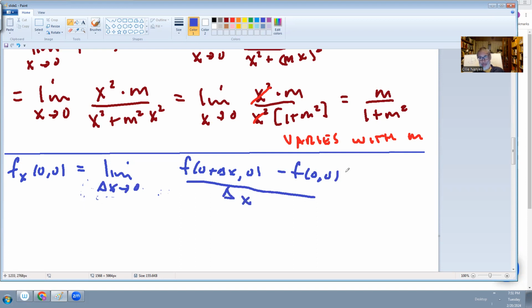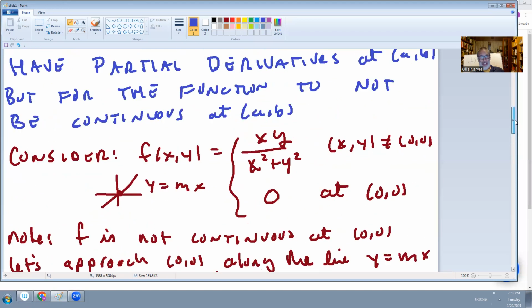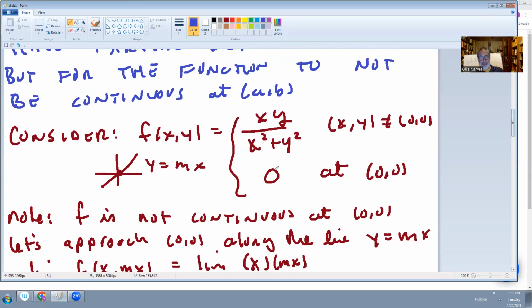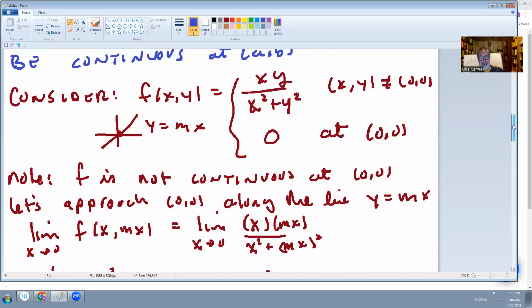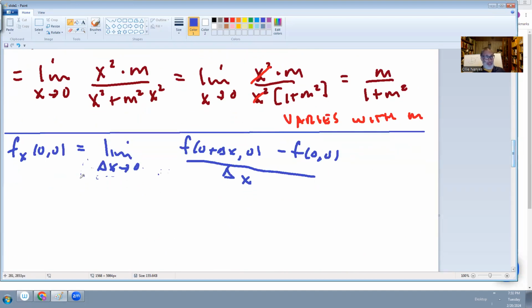Now, remember, in our definition here, at (0, 0), that's just a 0. So this is just going to be the limit as delta x goes to 0, and this part here is a 0, so we have a minus 0 up top.